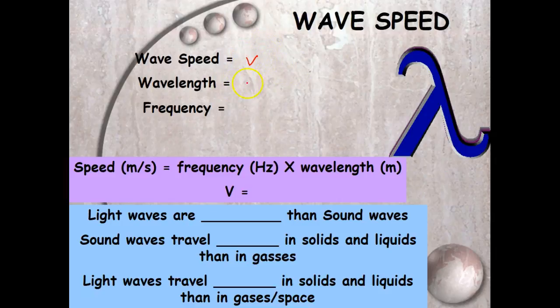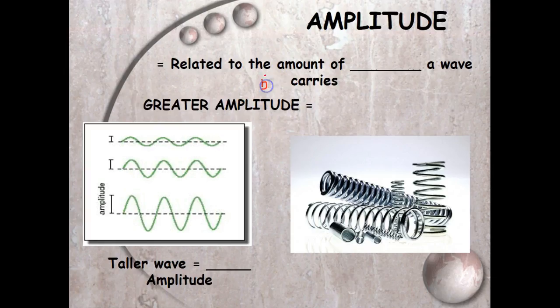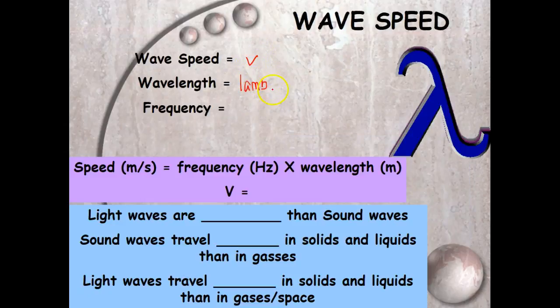The wavelength we're going to call by a new term, lambda, which is a Greek letter, and we denote it with this symbol right here. And the frequency we just say is f.